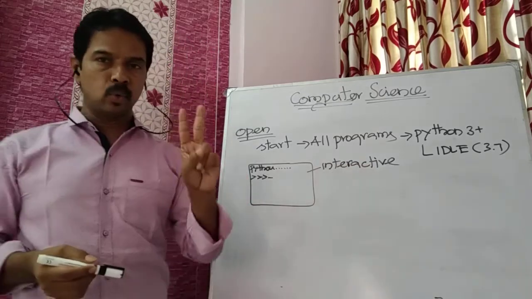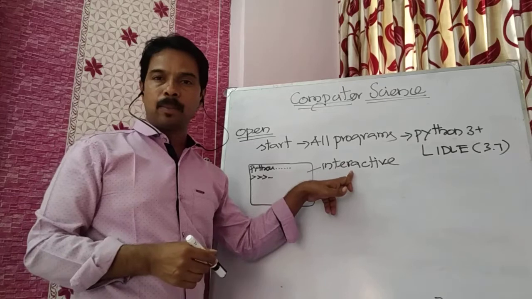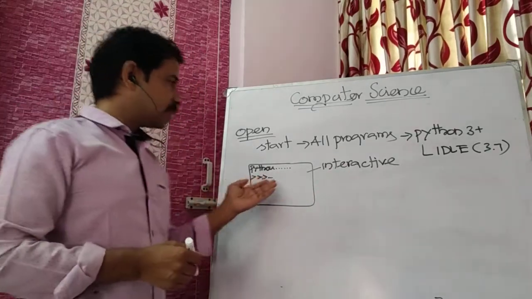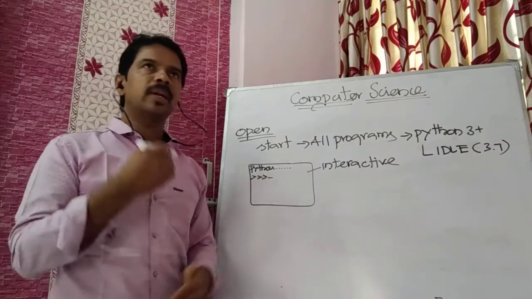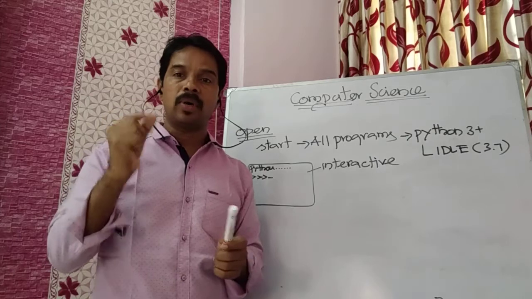We have two types of modes. The first one is interactive mode, the other one is script mode. Even in this interactive mode you can type and verify programs, but it has small demerits.